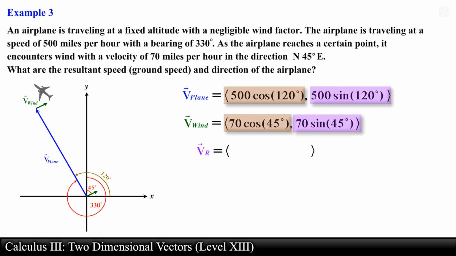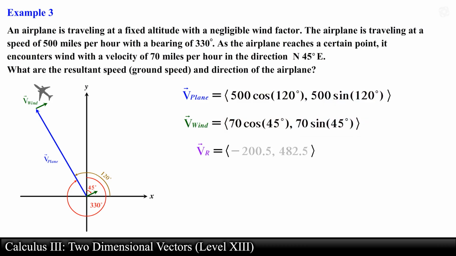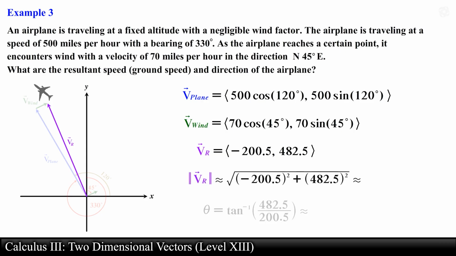Next, we go ahead and add the vectors component-wise. Doing that, we obtain the following for the resulting velocity. The final step is to find the magnitude and direction. In this case, the magnitude will be approximately equal to 522.5 miles per hour, and the direction will be equal to 67.4 degrees after using inverse tangent.